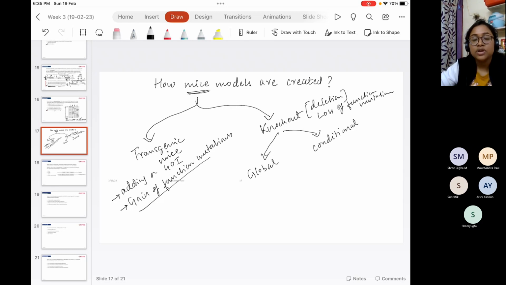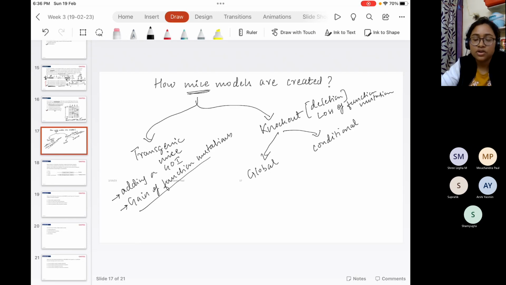Okay. Now, if you are aware, or if you have seen that a particular gene is having a dual role, one that is causing embryonic development, and another it is causing some important function in a particular tissue. So if you do a global knockout, then due to the other function that helps in embryonic development, the fetus will not mature at all.